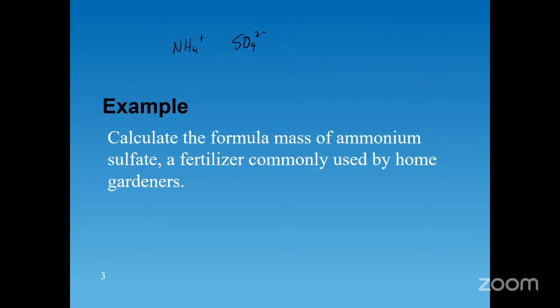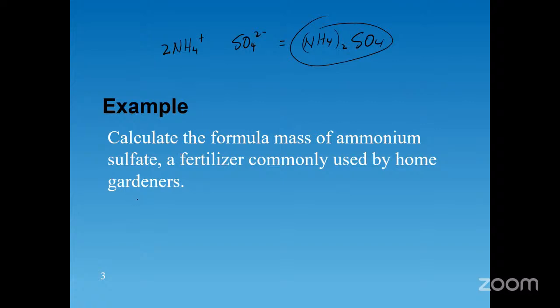Okay. So how do we put this together to get the formula for the compound? In order to neutralize it, we'd need 2 of the ammoniums. Exactly. So what would be the final formula? NH4 in parentheses, subscript 2, sulfate SO4. Exactly. So that's what you need to do first before you can determine what the formula mass is.